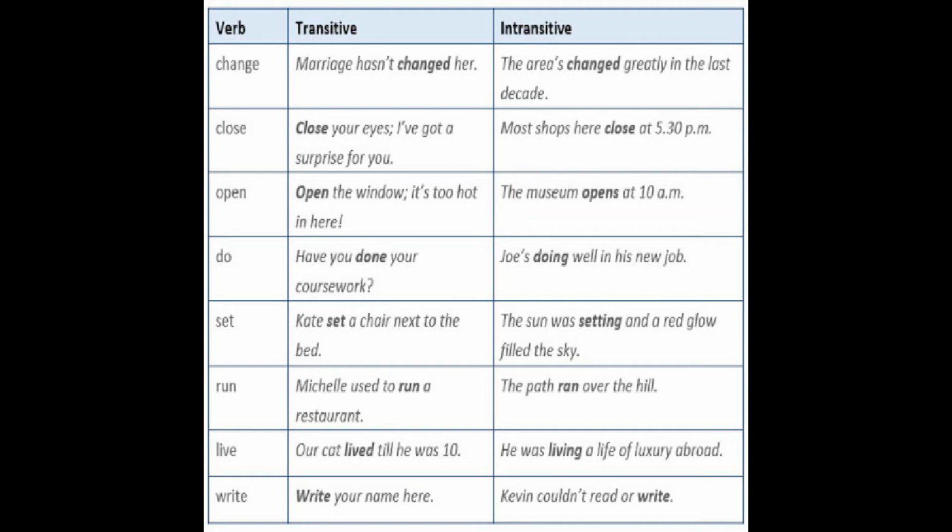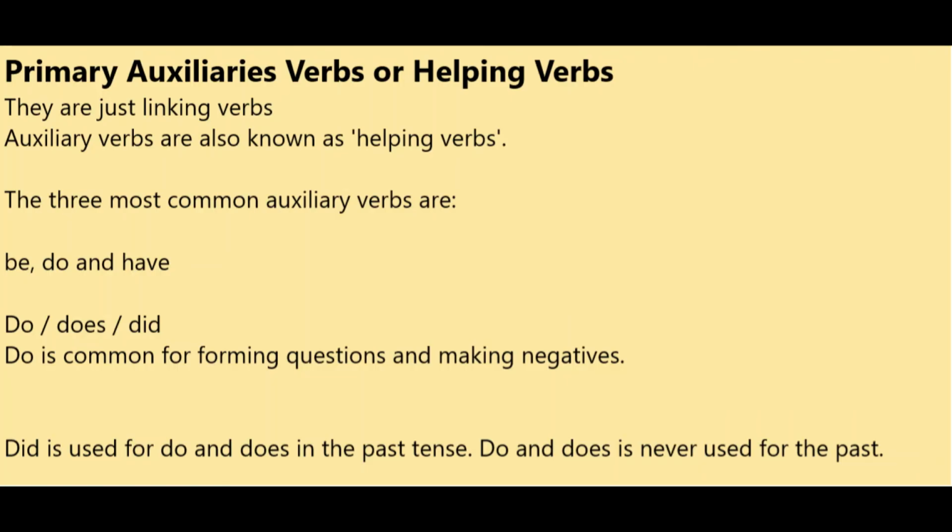Now, primary auxiliaries. We are coming back to the second group, helping verbs. There are two types, helping verbs and linking verbs. Auxiliaries can be linking verbs and also auxiliary verbs. That is the difference I gave in the beginning.